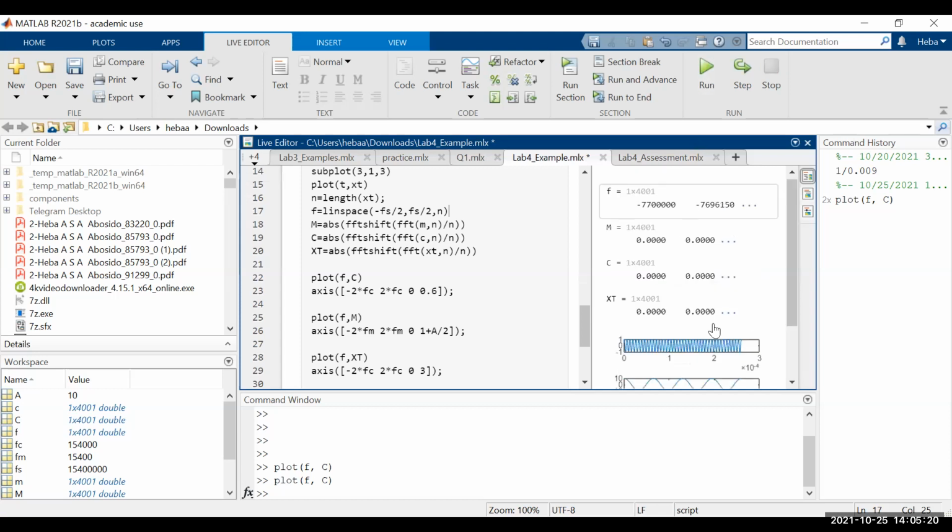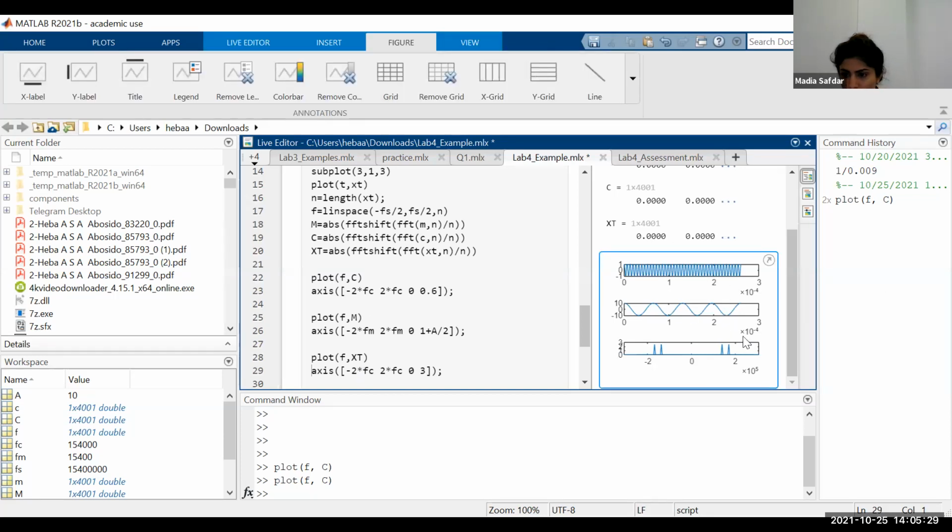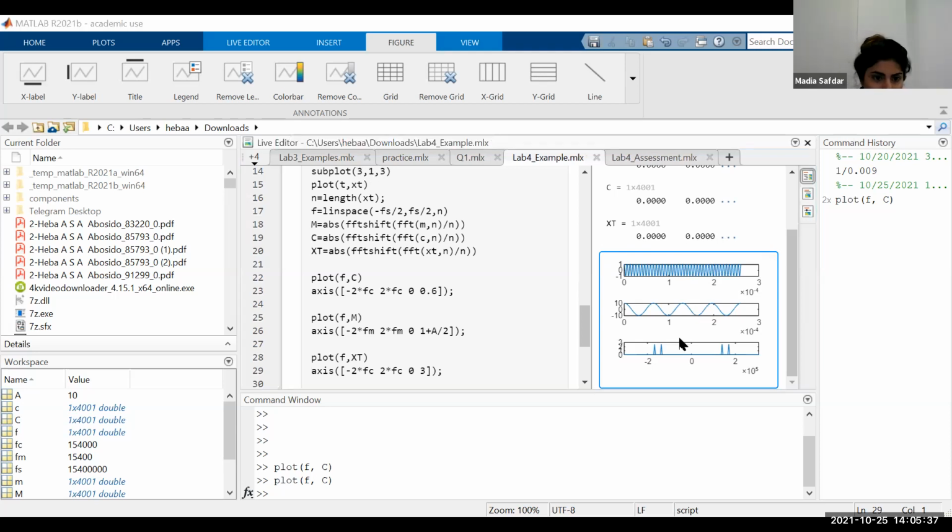Finish, Miss. Okay, so why am I getting this again? This should be 3 figures. Now there is only 1 figure. Yeah, because there is a subplot here. No, there is no subplot. Where is the subplot? Okay, remove that.